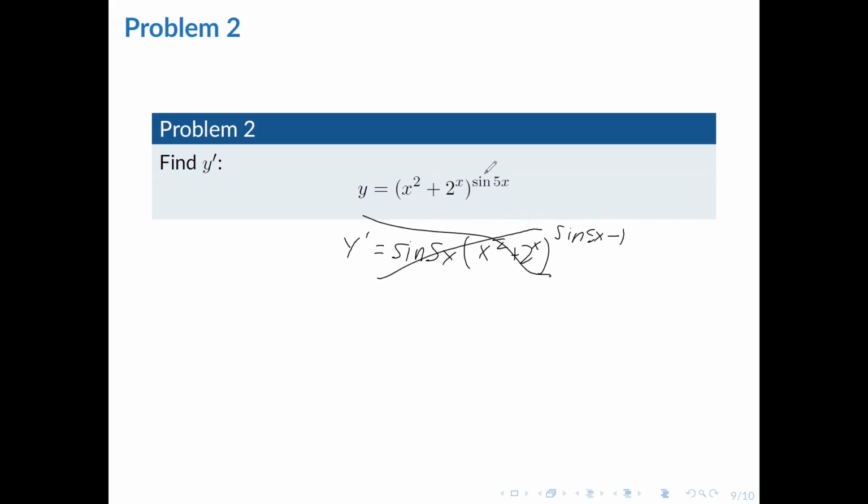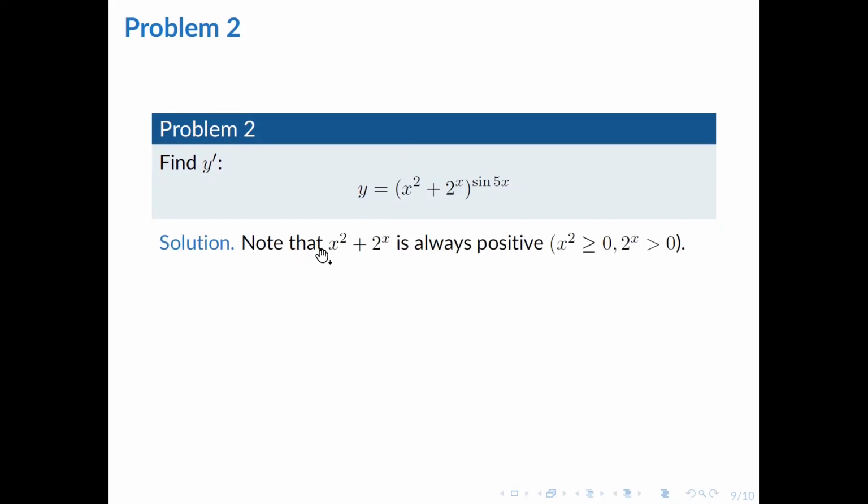Why? Because this exponent is not a constant. We can only use the power rule if our exponent is a constant. Well, this is dependent on x, so we can't use it. So what we have to do, we first note that the quantity inside is always positive.